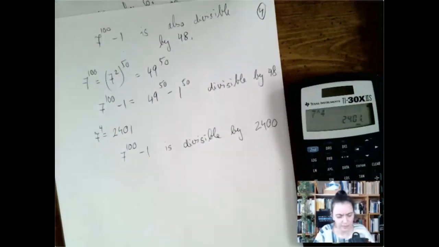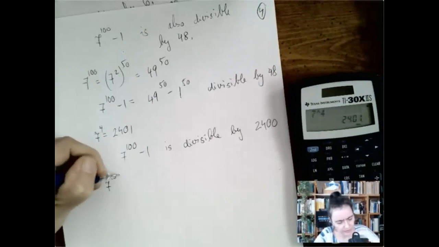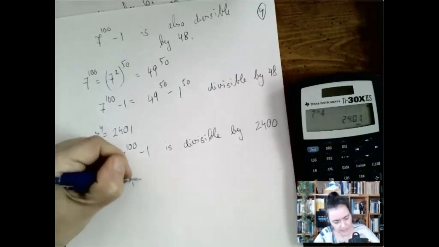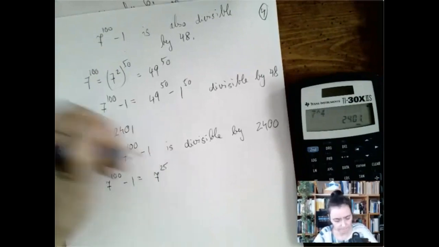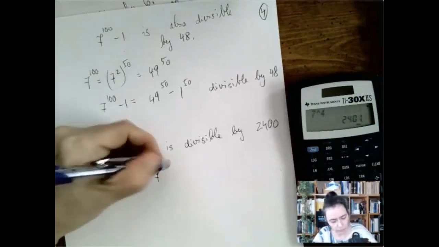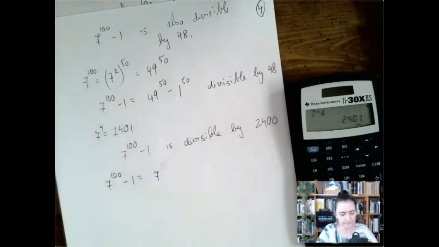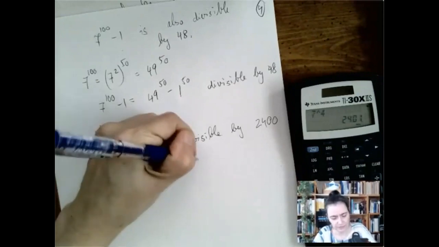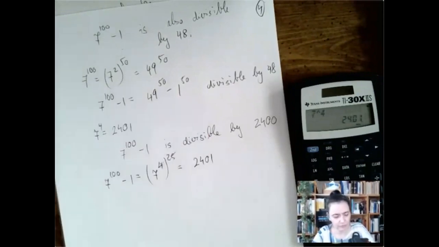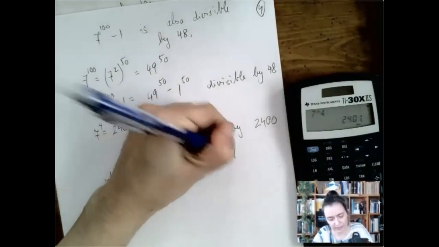Yeah, because 7 to the 100 minus 1 is 7 to the 4 to the 25, which is 2401 to the 25th power minus 1.